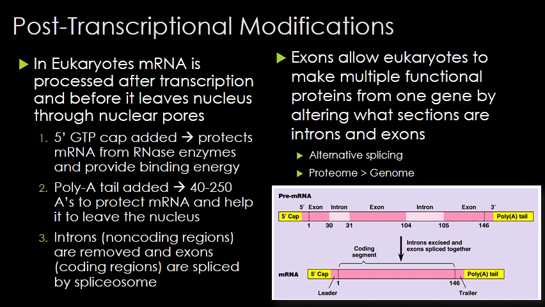And that is going to protect the mRNA from RNase, which are enzymes that break down RNA, and provide binding energy for it to attach to the ribosome. The poly-A tail on the other end is going to be a long sequence of adenine molecules to provide protection and basically be sacrificial DNA if your mRNA is attacked by an RNase.